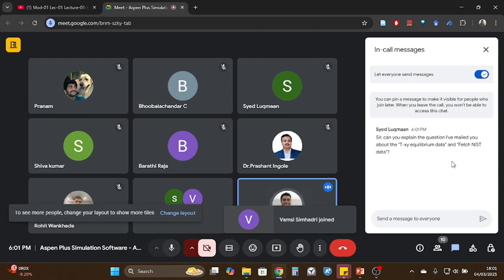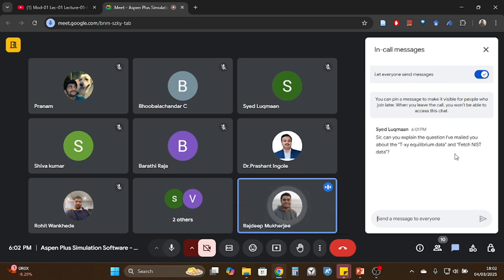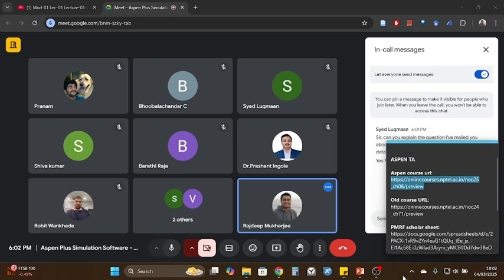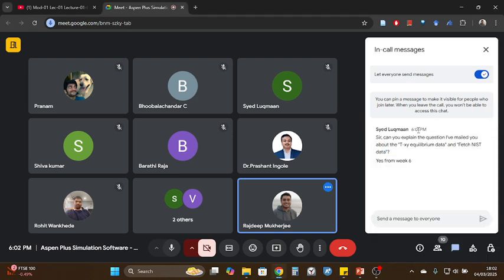TXY equilibrium diagram with NIST data. Is this of any assignment question? Week 6.